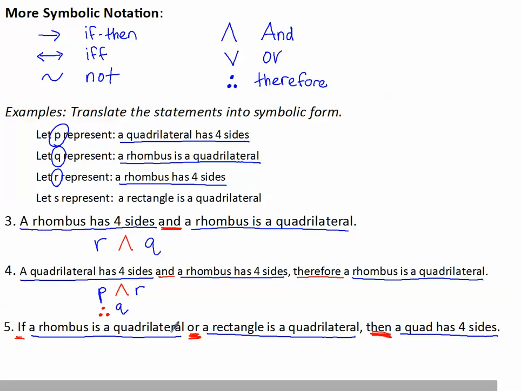A rhombus is a quadrilateral is the letter Q. Or is my symbol that looks like a V or like I'm starting to write an R. A rectangle is a quadrilateral, that was the last letter S. And because I have then, now I know I need to write my arrow. Now usually you're going to see those sectioned off with parentheses and then an arrow for then, and then the final letter. A quadrilateral has 4 sides, which is represented by the letter P.